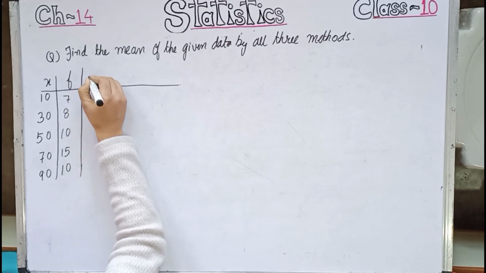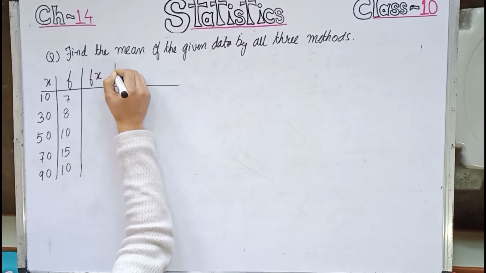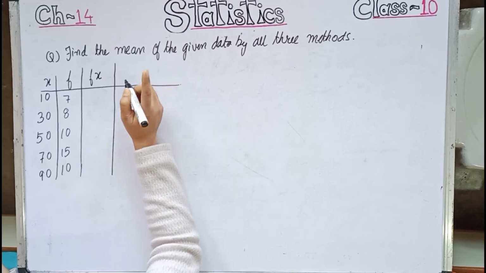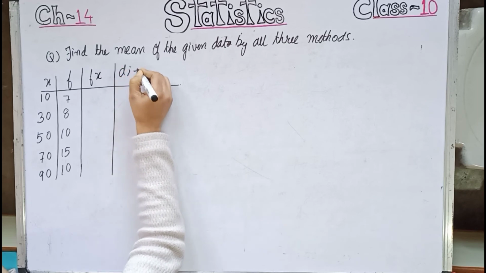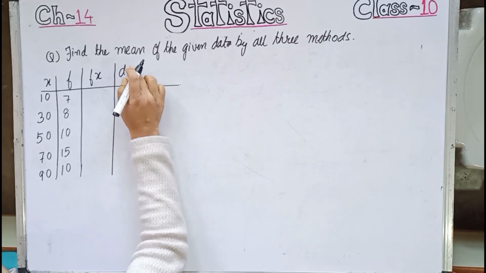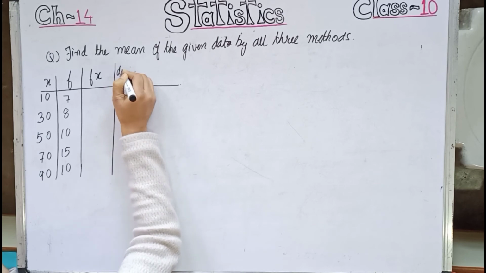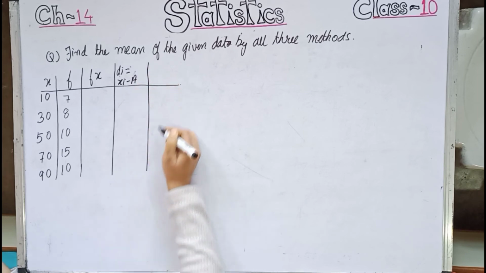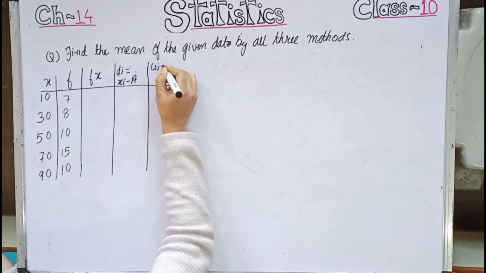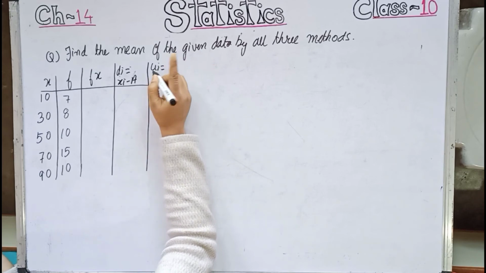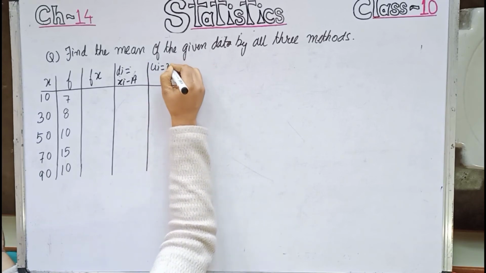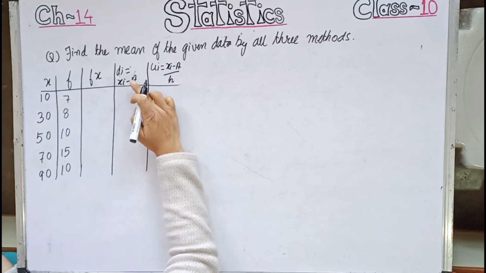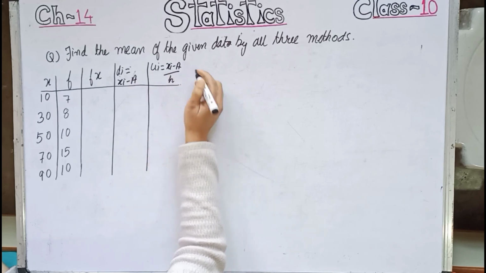Now, for the direct method, we need fx. For the assumed mean method, we need di equals xi minus a. For the step deviation method, we need ui equals xi minus a by h. So we can write xi minus a by h, or directly write di by h.